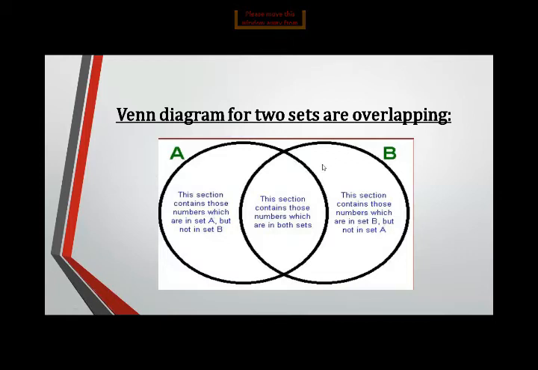Now the last part of this section is from set B. This section contains those numbers which are in set B but not in set A. Because this circle is related to B, this section contains those numbers which are in set B but not in set A.